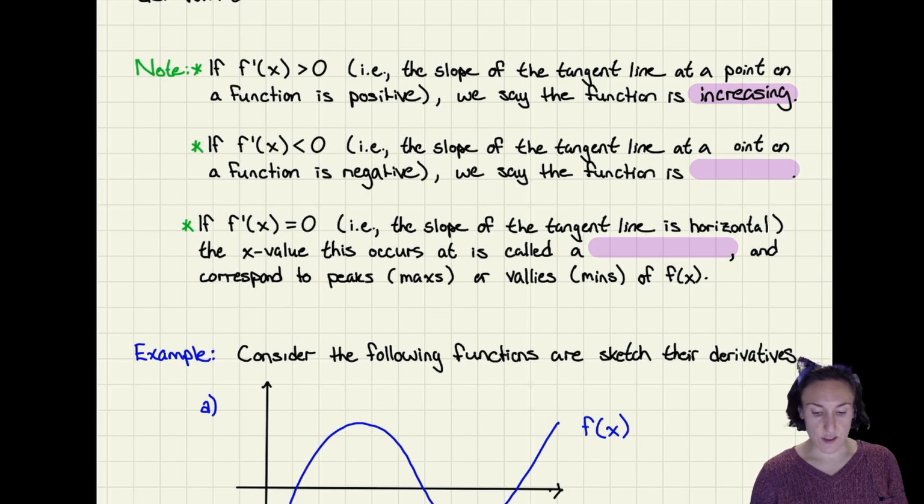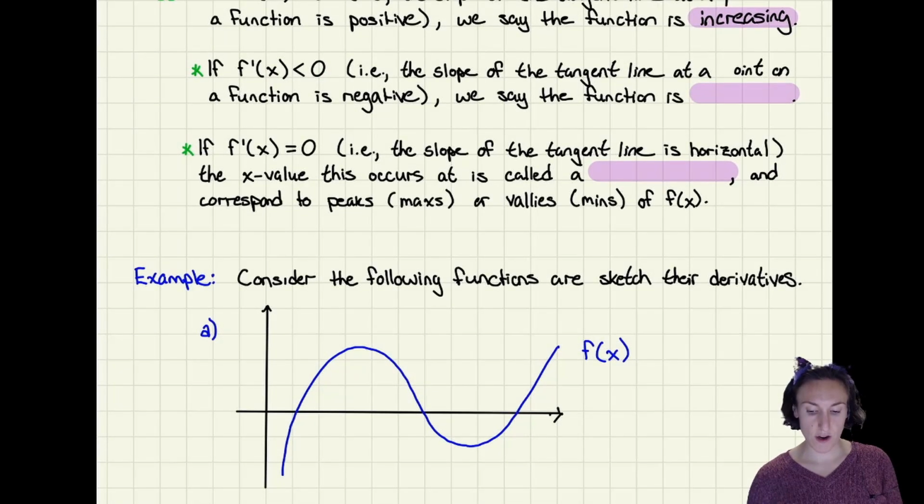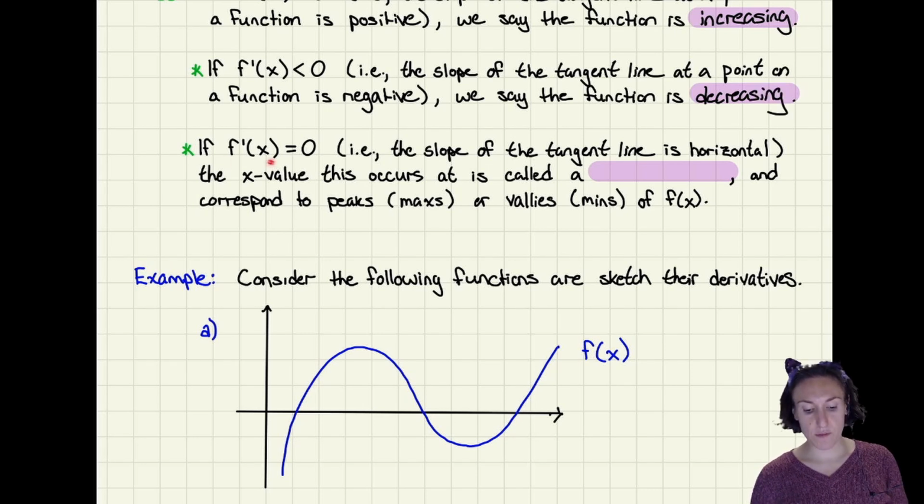Similarly, in the spots where we have f prime less than 0, so if you draw a tangent line at a point and it goes downward, like here, for example, or here, we say that the function in those regions is decreasing. And when f prime is equal to 0, in other words, when we have a horizontal tangent line, the x value that this occurs at is called a critical point.